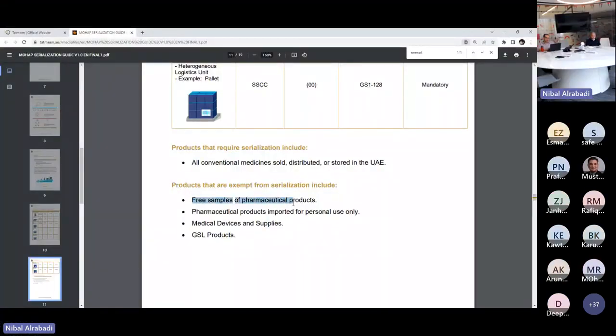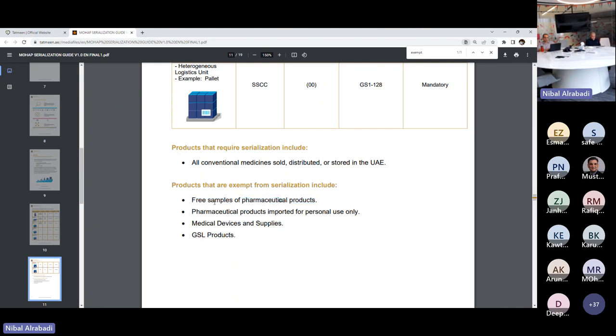In the serialization guideline, there are a few items that are classified as exempted from Tatmeen. Let me quickly share my screen. Those are free samples of pharmaceutical products, but not the free samples that you send to clinics and doctors to use your products. The free samples are the ones used for RFQs for the ministry or for registration purposes.